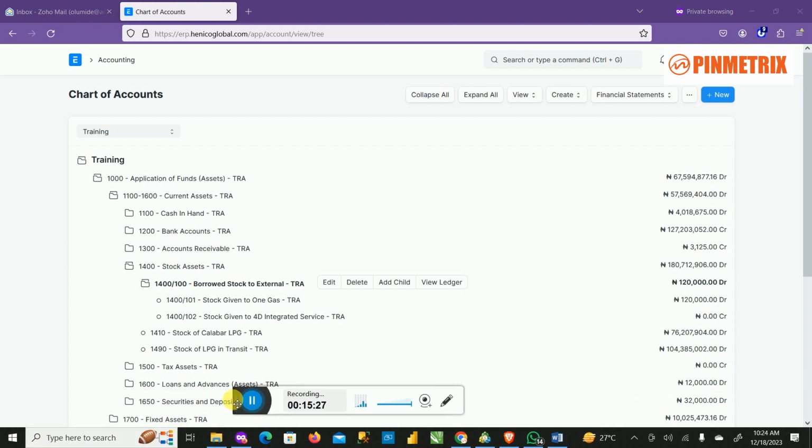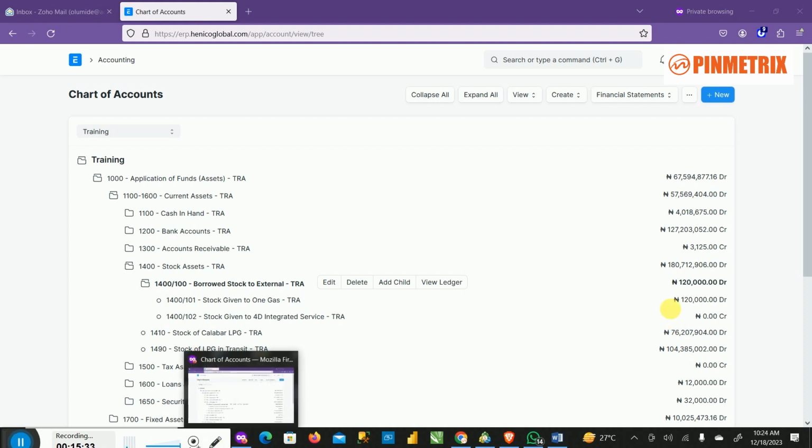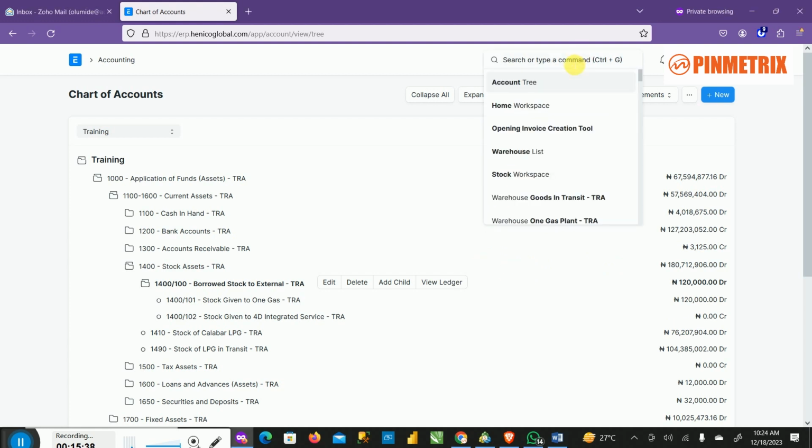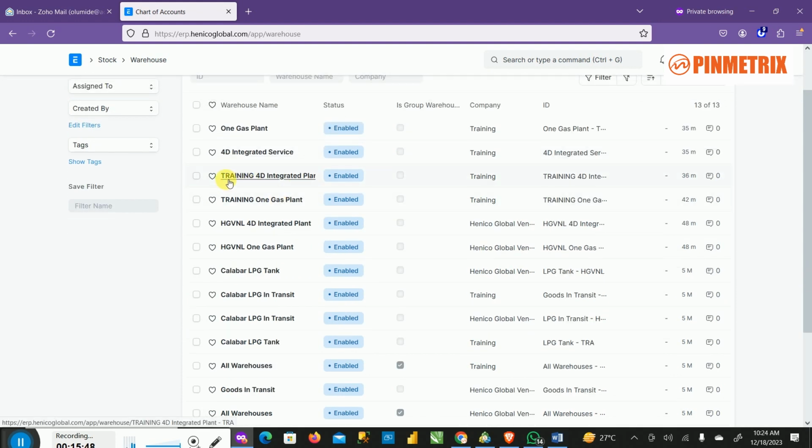Let's look at the next one that is needed as a prerequisite in this scenario. The other one is our warehouse. Let's check our warehouse list. We have the warehouses, which are the 4D integrated plant and one gas plant.